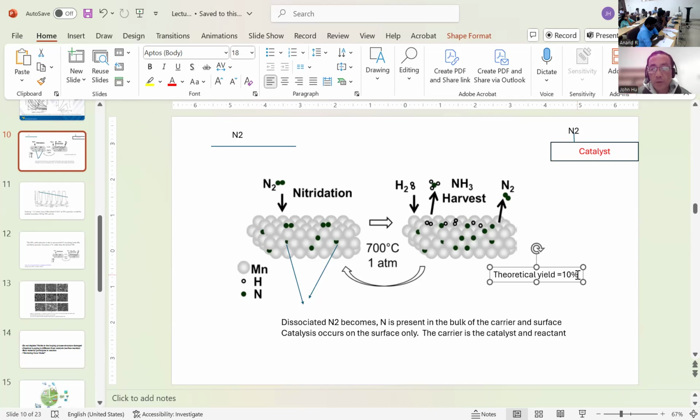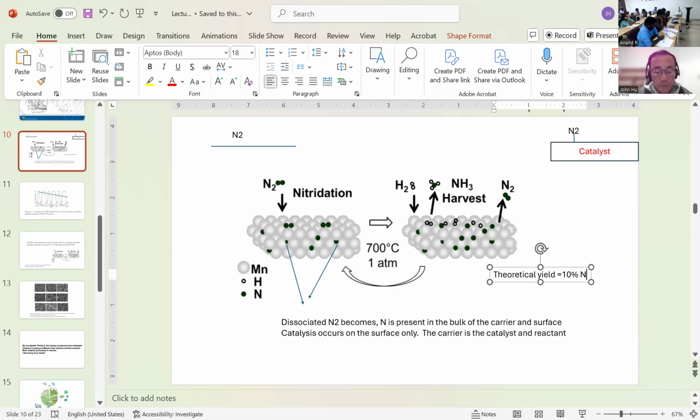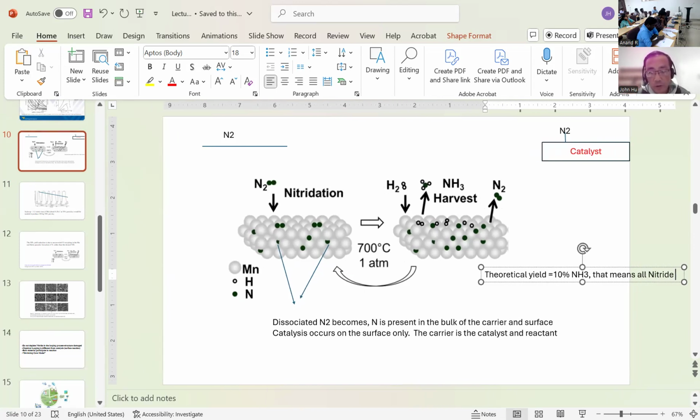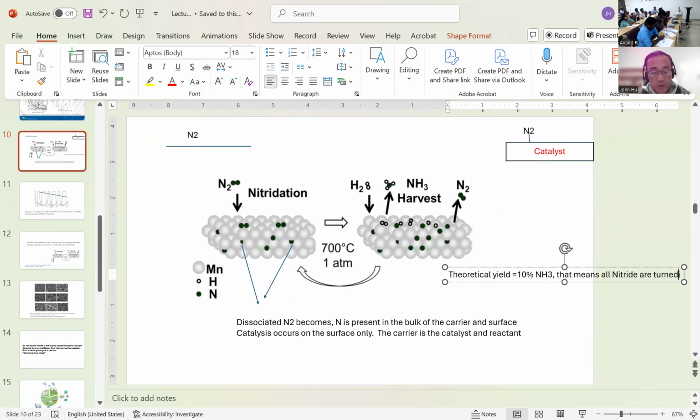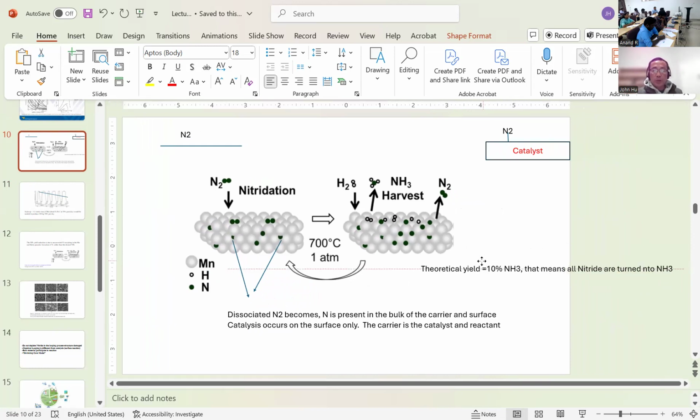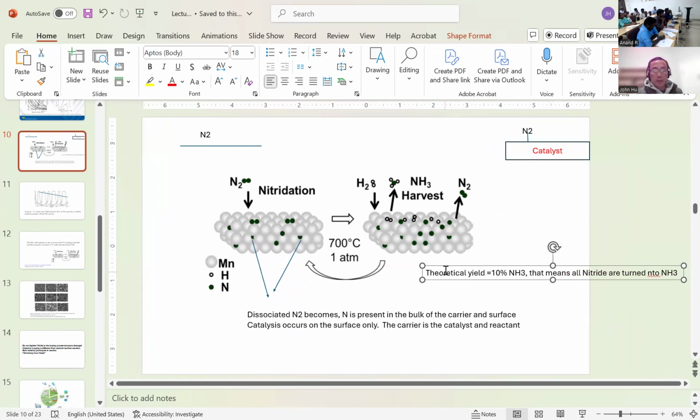So 10% ammonia. So let's say the theoretical yield is 10%. Make assumption. So that means all this bulk nitride turns into ammonia.